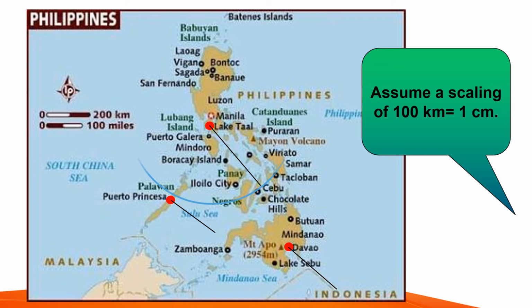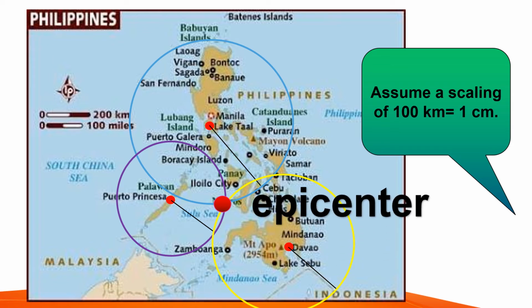So from these radii, let us illustrate three circles, again around Batangas, around Puerto Princesa, and around Davao. Take note of a single point where these three circles intersect. This single point is what we call the epicenter. So meaning, the earthquake came from this single point called the epicenter.